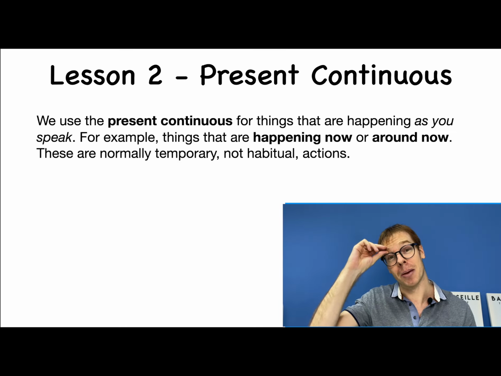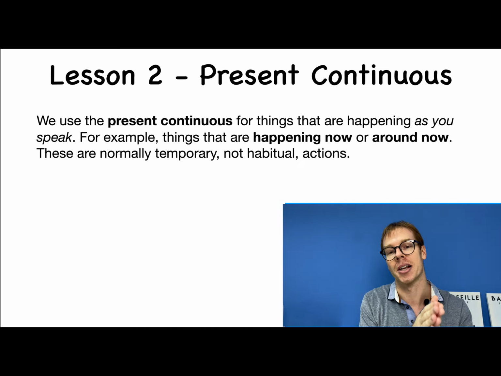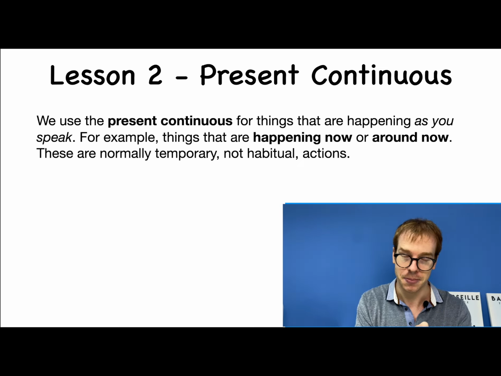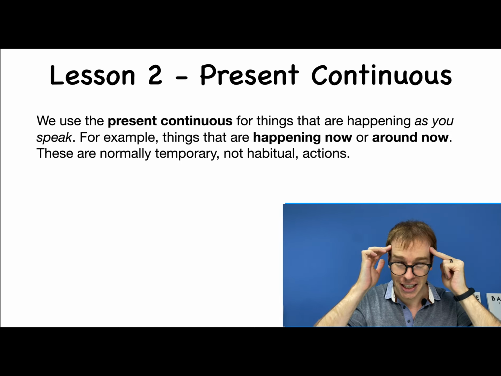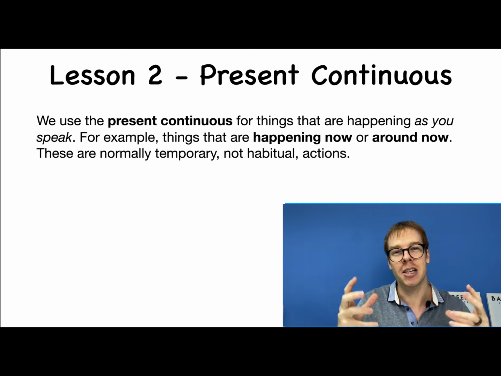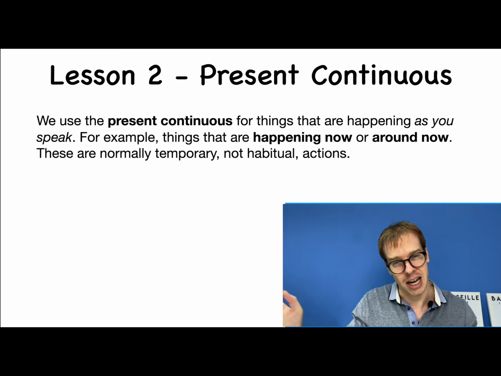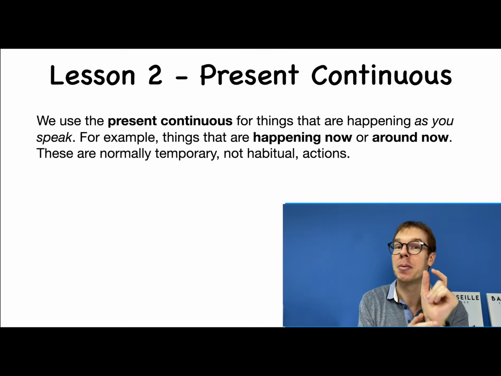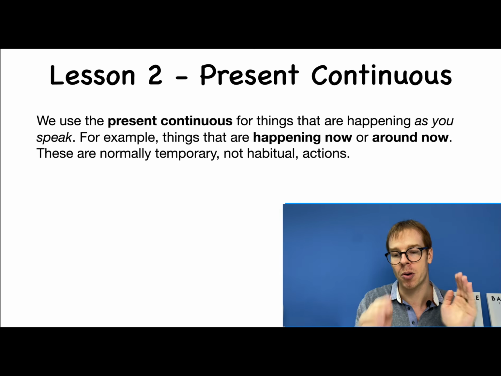It's around now, maybe today, this week. That style, we can use the present continuous as well. And just remember, in a native speaker's brain, this is for something that we feel is temporary. Temporary means it's not for a long time, not forever. It's something maybe this week only, today only. We think of it as a temporary action.